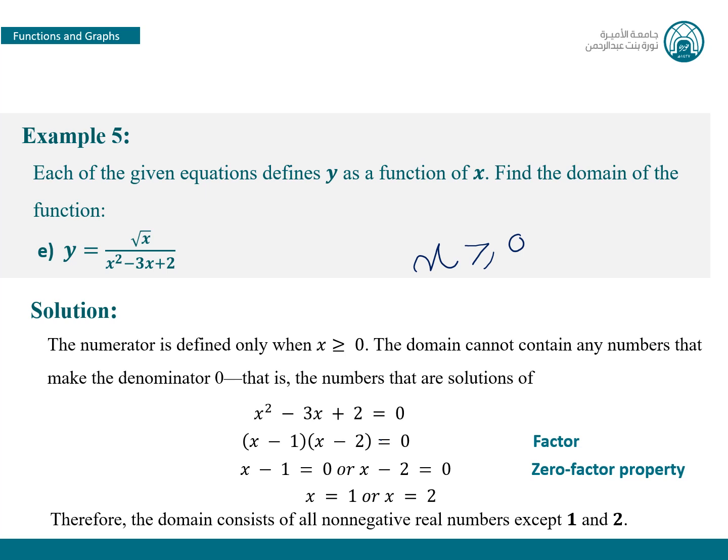First, the rule about the square root: x is greater than or equal to 0, which makes it non-negative. Second, the numbers except 1 and 2, because these are the zeros of the denominator. So the domain will be all non-negative real numbers except 1 and 2. Thank you for listening.